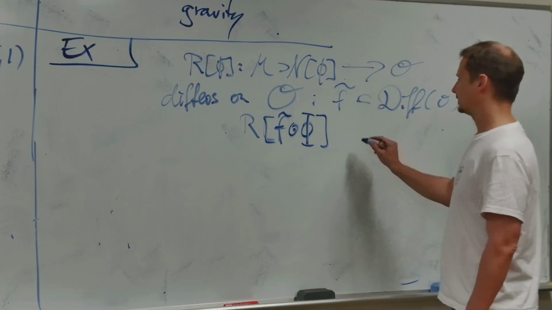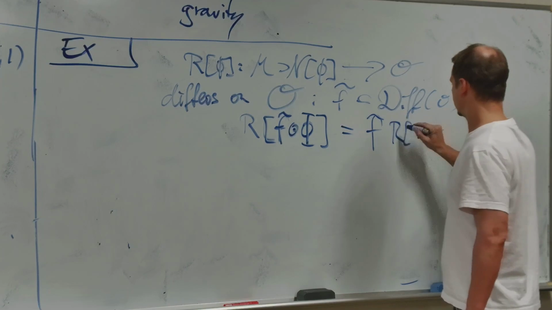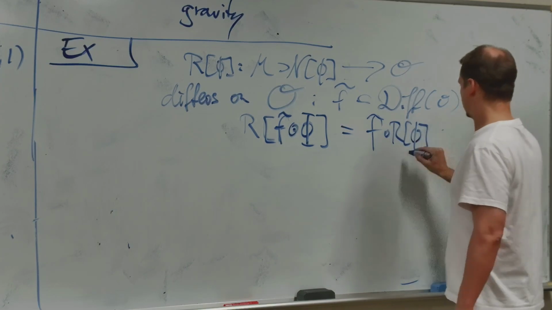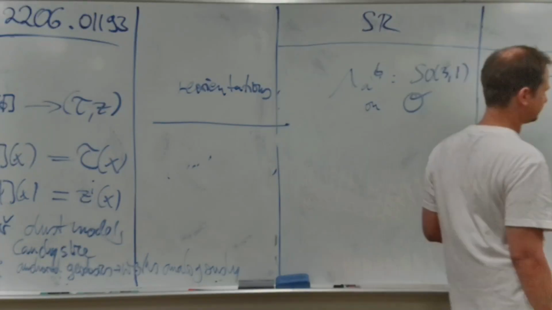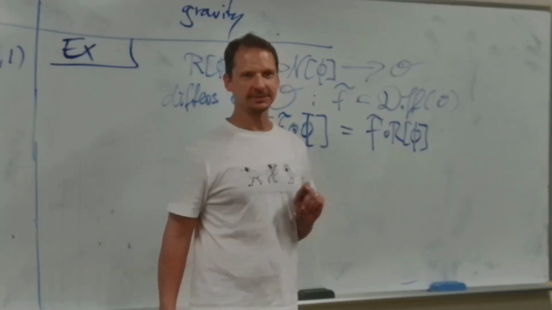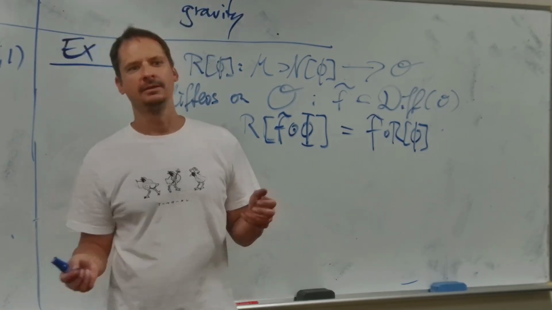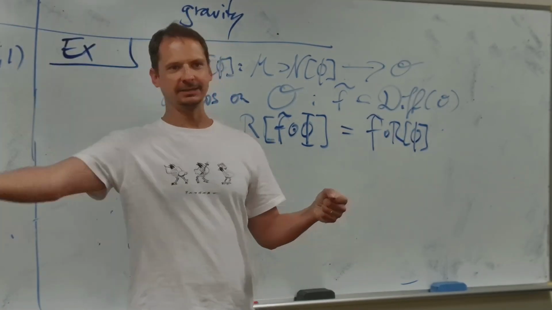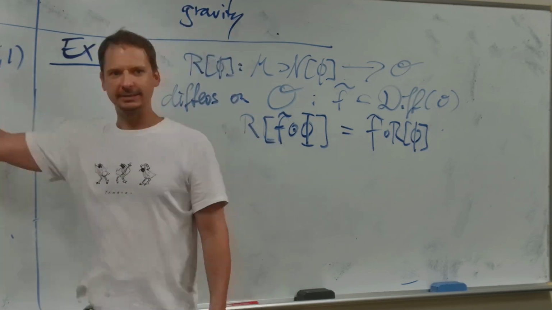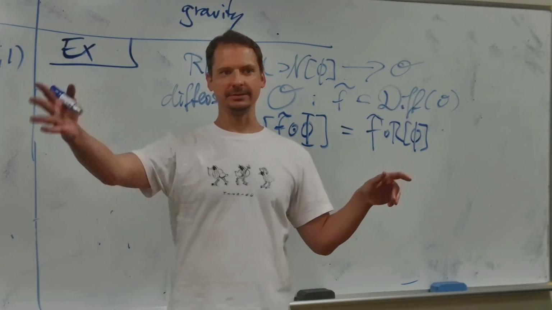And this is just F tilde R. So it's just a diffeomorphism that acts on the other side of the reference frame. It's the same kind of structure that we saw in gauge theory. A gauge transformation acts on one side of the frame, a reorientation on the other side. Similarly here with the tetrads, one acts on the pre-image, the other on the image.